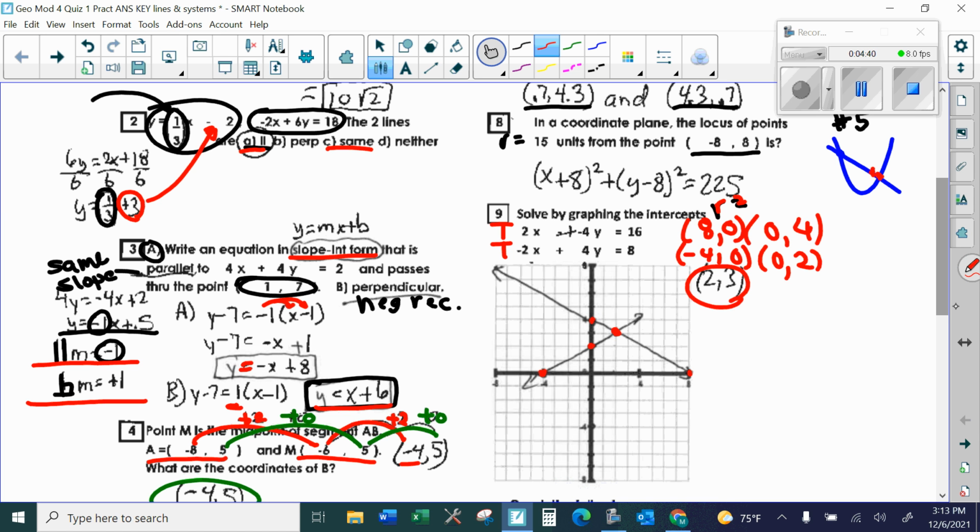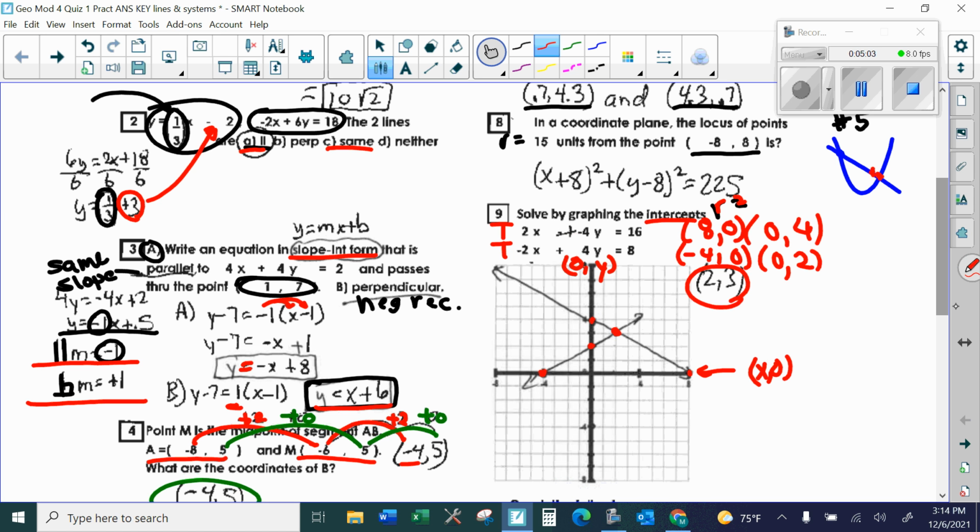Number 9, solve by graphing the intercepts. That's the x-intercept and the y-intercept. Anytime a point is on the x-axis, the y-coordinate is 0. And anytime a point's on the y-axis, the x-coordinate is 0.